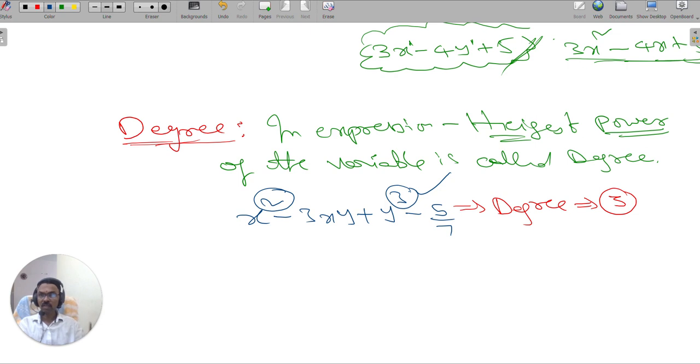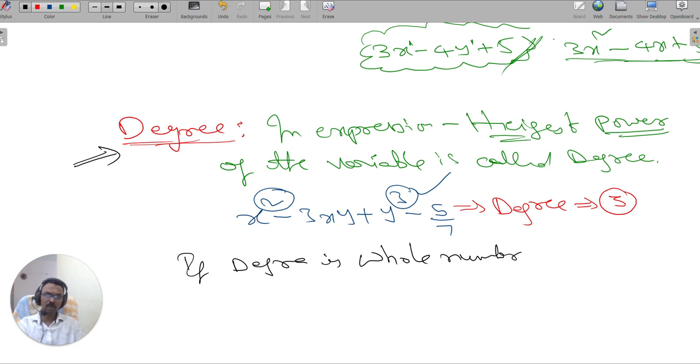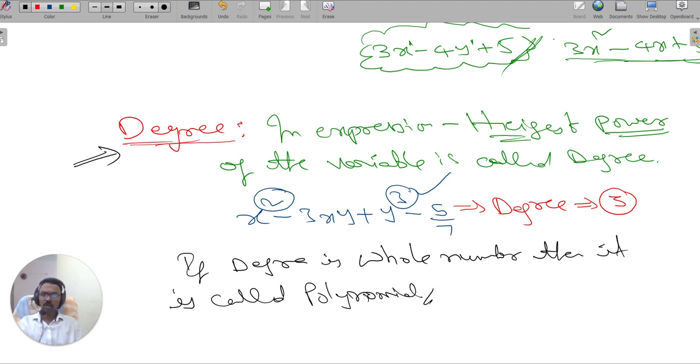Degree must be a whole number, then only it is called a polynomial. One more definition, I am telling you now because we got the concept of degree. If the degree is a whole number, then it is called a polynomial. Other than a whole number, it is not a polynomial.